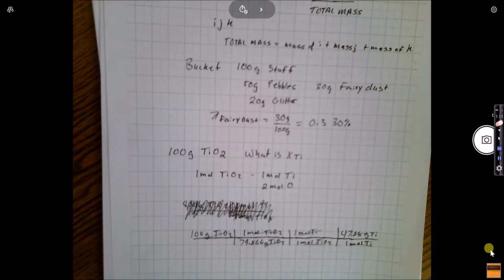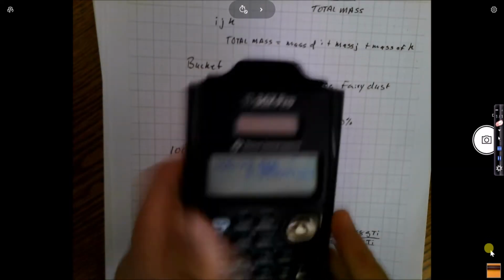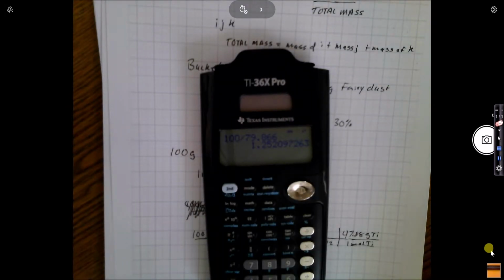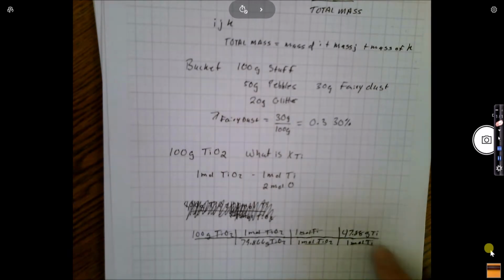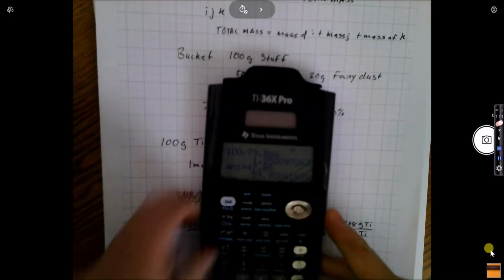So we have 100 grams of titanium dioxide. We're going to divide it by the molecular weight, 79.866. And I'm just showing you the intermediary step. Hopefully you can read my fine TI calculator. I'm at 1.25 when I do that. Then you multiply it by 47.88 grams of titanium. And I got 59.95.